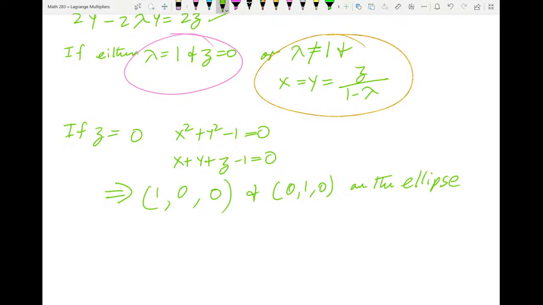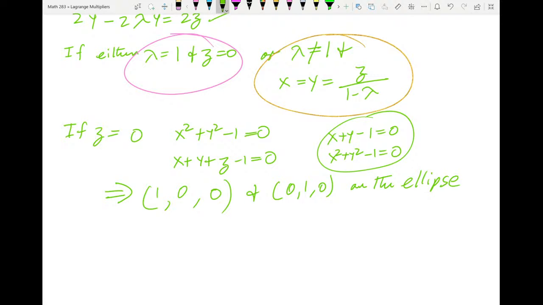So 1 is coming from where? So (1, 0, 0)? If z equals 0, you get x plus y minus 1 equals 0, and then x squared plus y squared minus 1 equals 0.